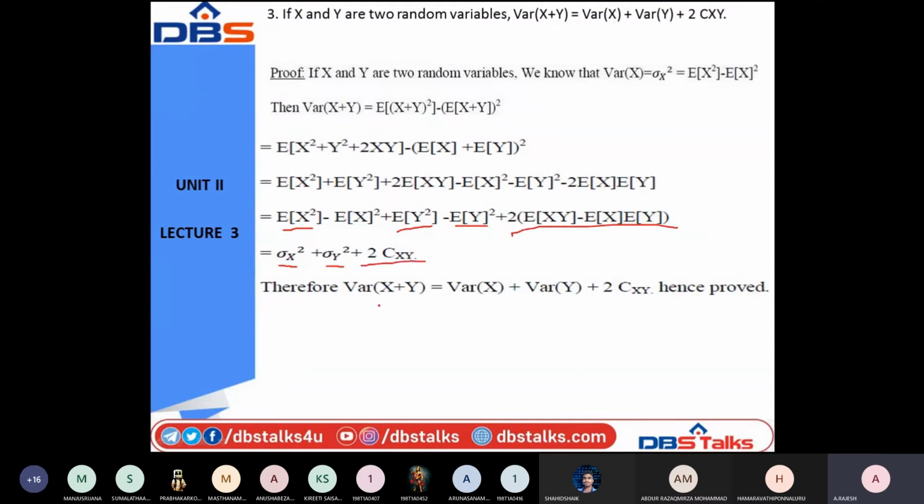Therefore variance of X plus Y is equal to variance of X plus variance of Y plus 2Cxy, 2 covariance of X and Y. Hence we have proved that one.